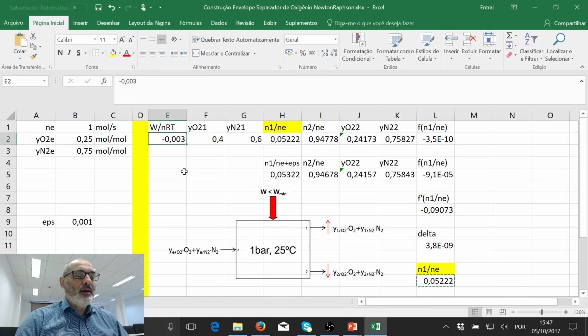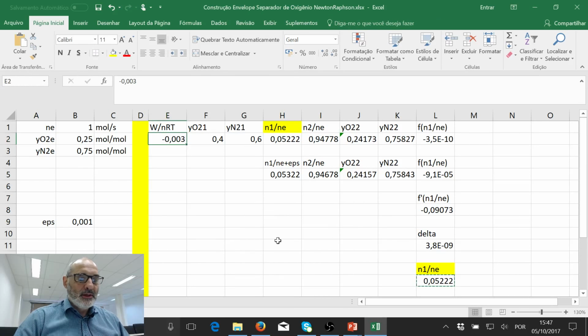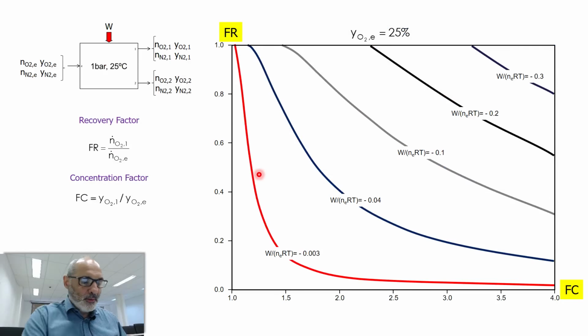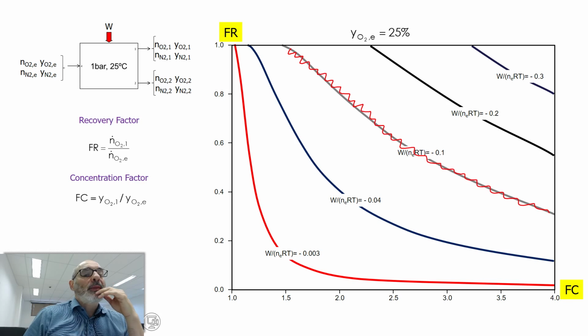I can vary the amount of work. Let's say 0.5. When I fix a certain amount of work, I'm searching for a solution in one of these constant work lines here.